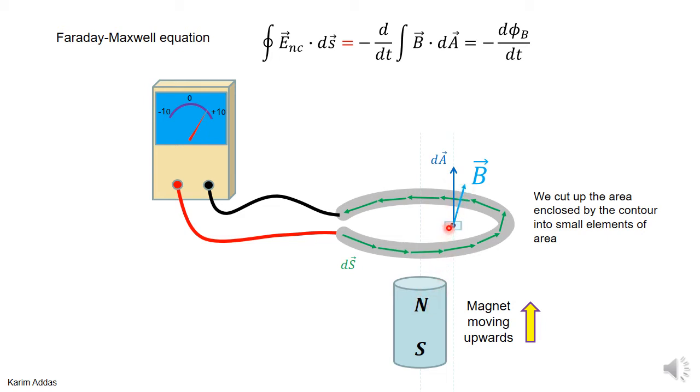You get the total magnetic flux by integrating B dot dA through the whole loop, and then you take the rate of change of that with time, multiply by -1, and say that's equal to the integration of E dot ds.